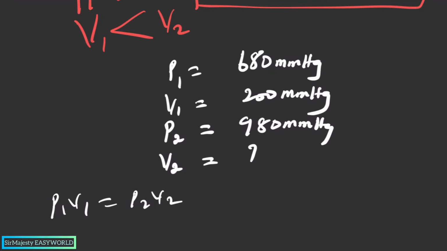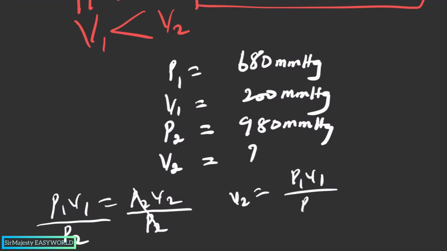So for you to make V2 the subject of the formula, you divide both sides by everything surrounding V2 that is not V2, and that is P2. So in this case, V2 will now be equal to P1V1 all over P2.